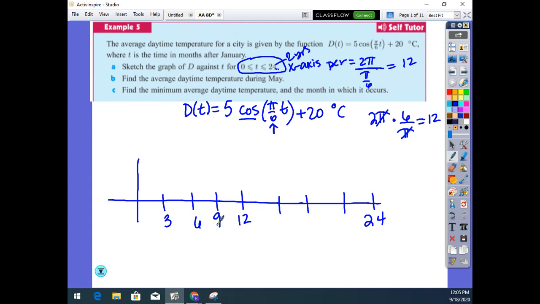Okay, the next thing that we're going to add is our vertical shift, which is up 20. So let's go 10, 20. So here's my midline or principal axis.